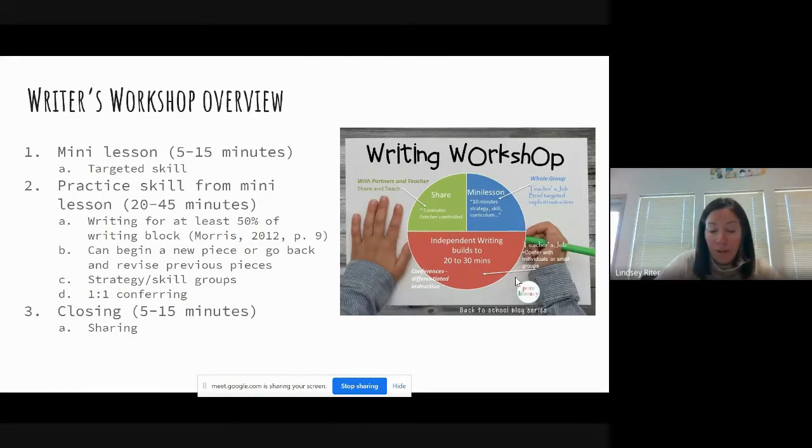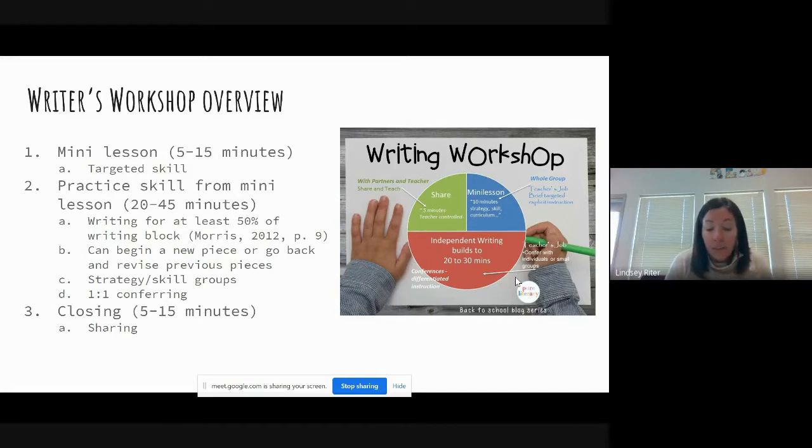During that time, you model and practice with the students, and then students go off to their independent writing practice and practice the skill from the mini lesson. So if your lesson was again on topic sentences or hooks, students would go into their writing notebook and practice that either on an existing writing piece that they've already started. They could go back and revise their topic sentence, or they could start a new piece that day.